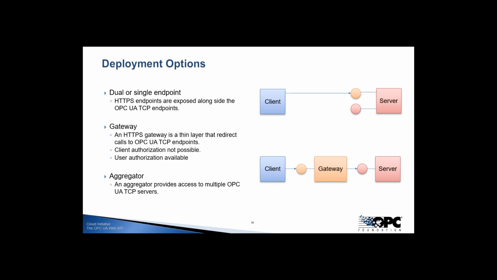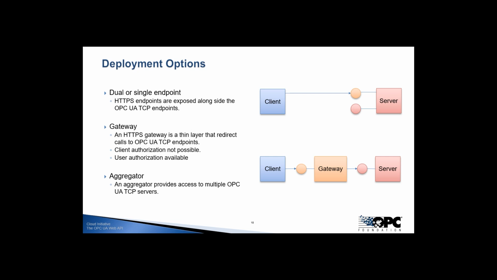You can also have a gateway. This is going to be the most common case because people are going to tend to want to build a separate, web-facing application that can redirect calls to UA TCP endpoints.